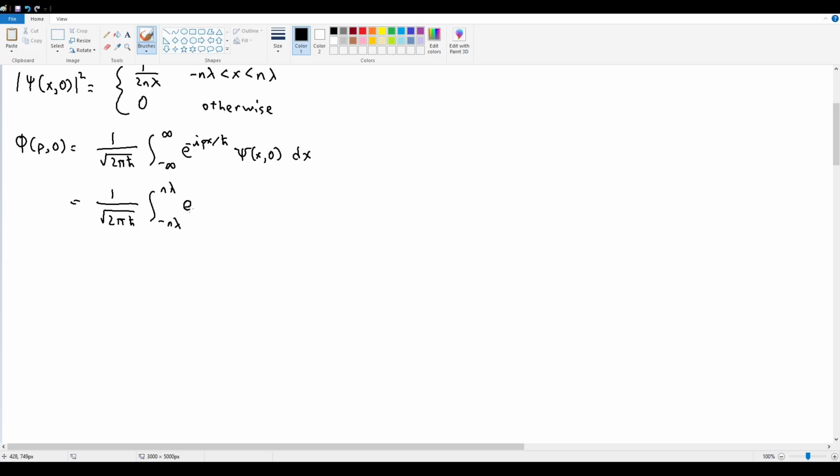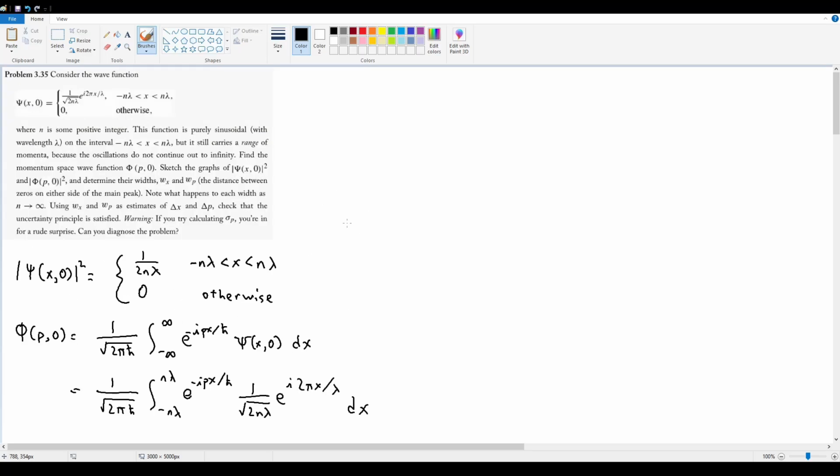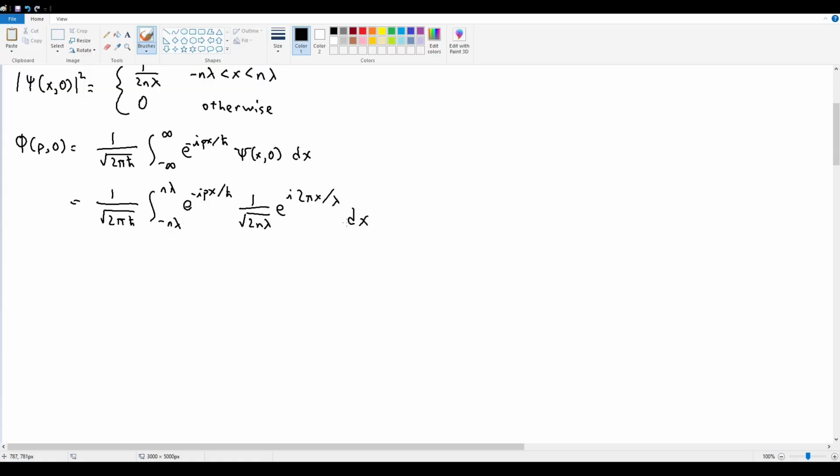So this is going to be e to the negative ipx divided by h bar multiplied by 1 over square root of 2n lambda multiplied by e to the positive i 2 pi x divided by lambda dx. Just make sure that my numbers are right. i 2 pi x over lambda. Yeah, that's correct.